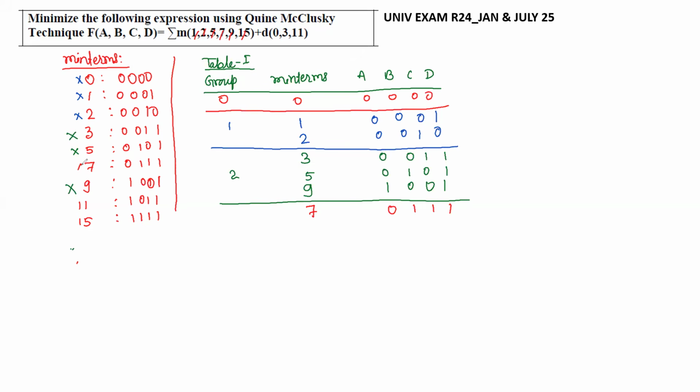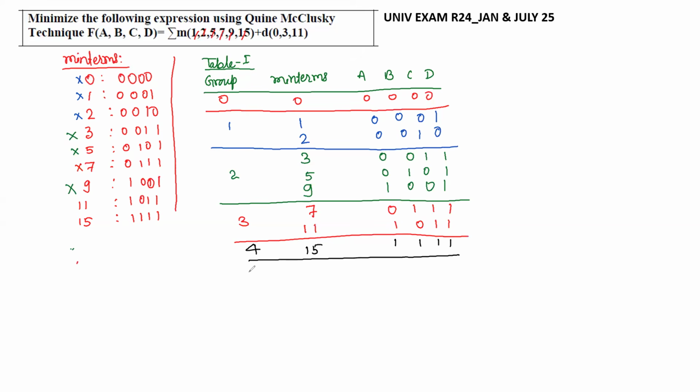Next we have 11, 1, 0, 1, 1. So this is the next group. And the last one is 15. Here the number of ones is 4. So this is another group.